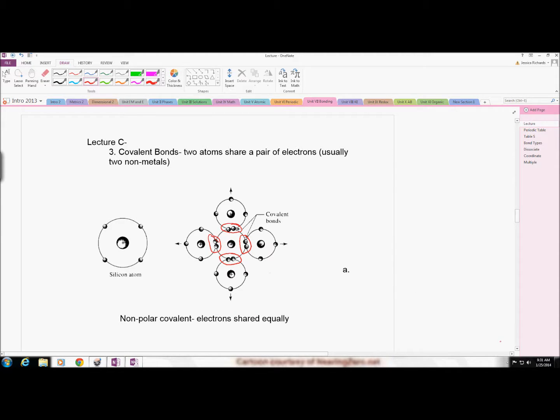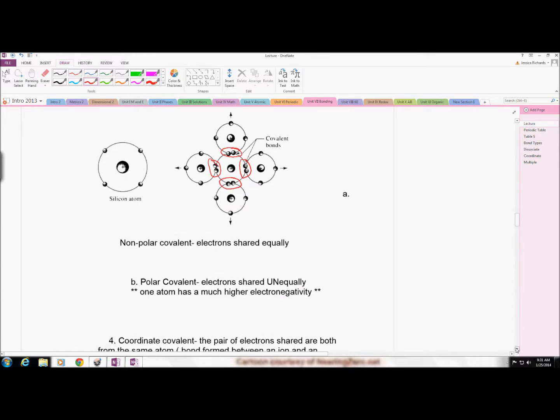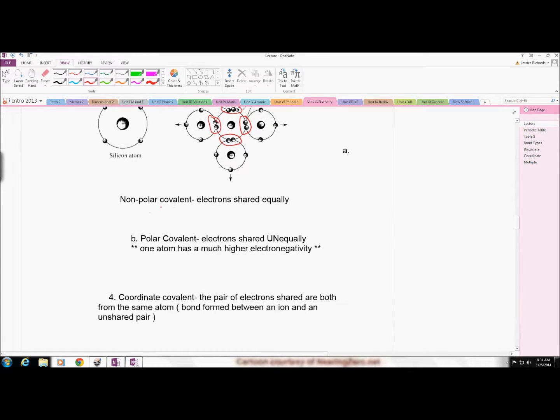If we have 2 elements that are exactly the same, they have the same or very close electronegativities, they are going to share their electrons equally.